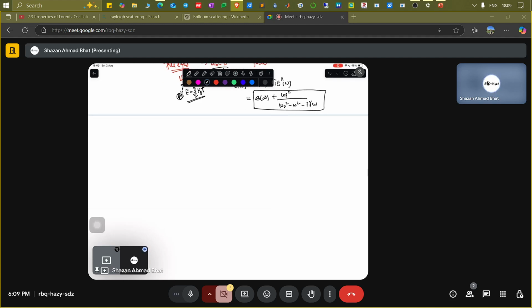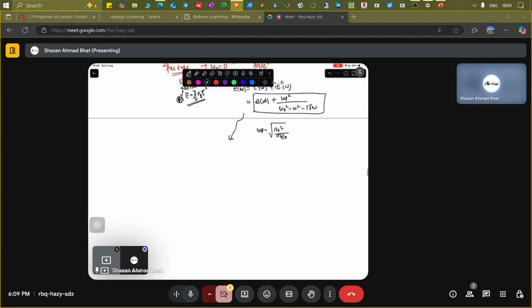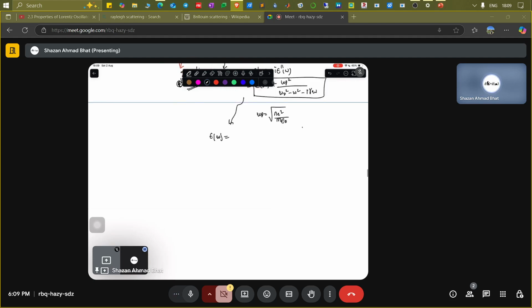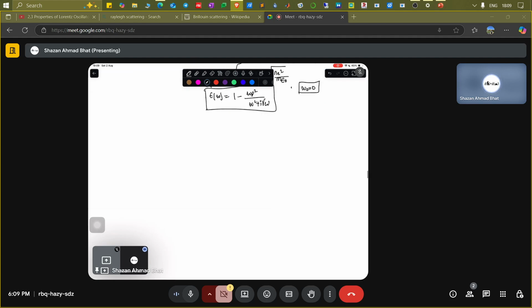Now the plasma frequency is the square root of N e squared divided by m epsilon naught, and you can simplify this epsilon(omega) because omega naught is zero. You get 1 minus omega p squared divided by omega squared plus i gamma omega. So you get the permittivity as a function of frequency in this fashion.